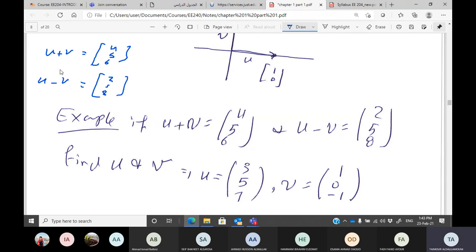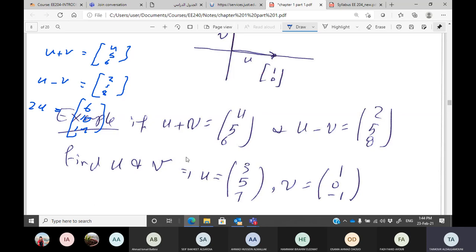If we add the left sides, U plus U is 2U, V minus V is 0, so this is equal to 4 plus 2 is 6, 5 plus 5 is 10, and 6 plus 8 is 14. If 2U is (6, 10, 14), then U is (3, 5, 7).